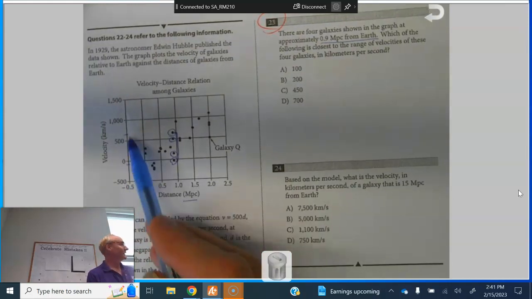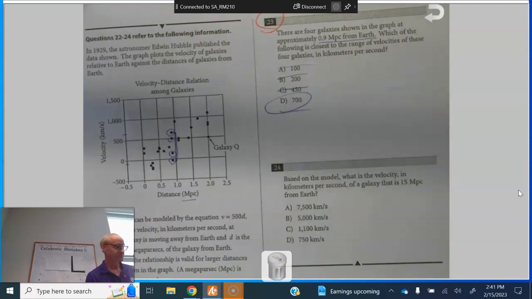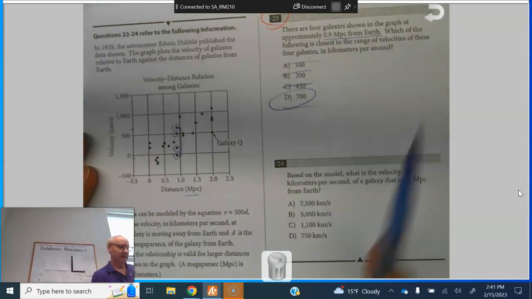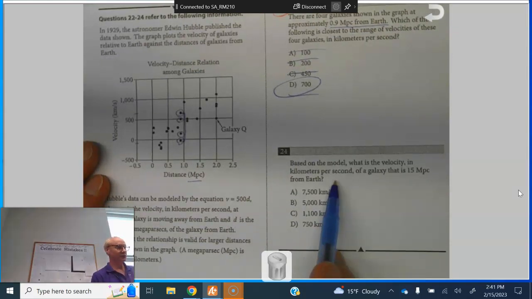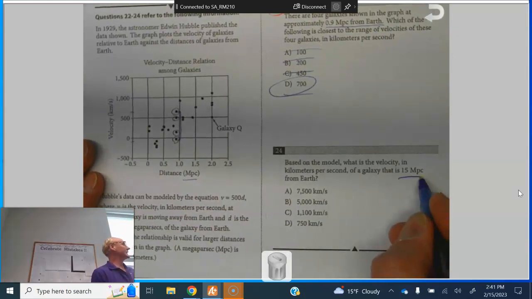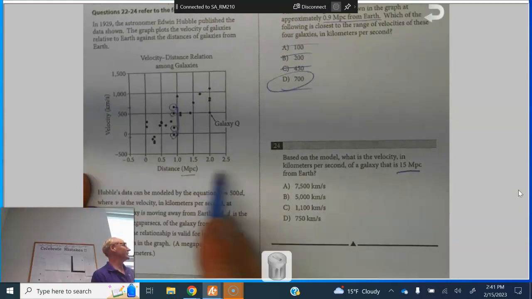Bigger than 450, isn't it? It's really not that hard if you can interpret the question. Of course, 24 requires you to really do some major thinking. They want 15 megaparsecs. Do y'all see that there's nowhere close to 15 anywhere on there?